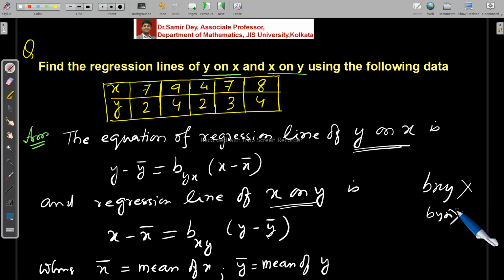It should be in suffix. Please check the orientation. In yx, on the left side you should have y and on the right side you should have x. Here also the same: in xy, on the left side you have x and on the right side you should have y. I think it is clear.